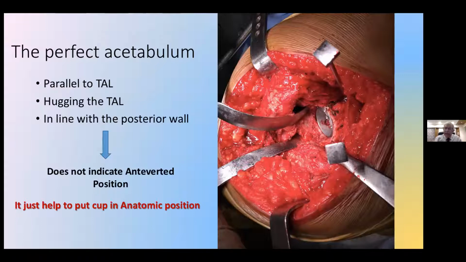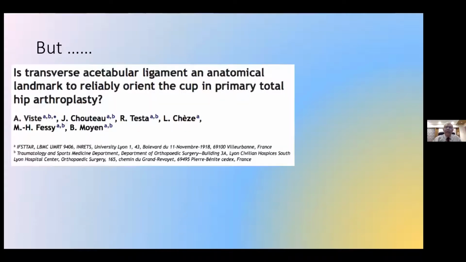Now, if your acetabulum itself is not properly anteverted, either it's neutral, retroverted, or more anteverted, your TAL will accordingly change, and your cup placement will also be changed. And there are papers which suggest, is TAL anatomical landmark reliable to orient the cup in primary total hip arthroplasty, only considering the TAL?